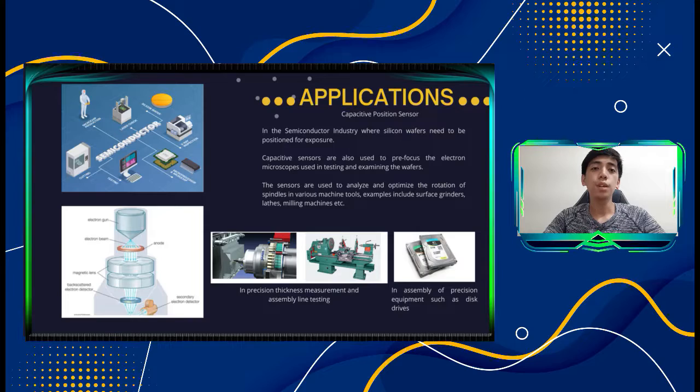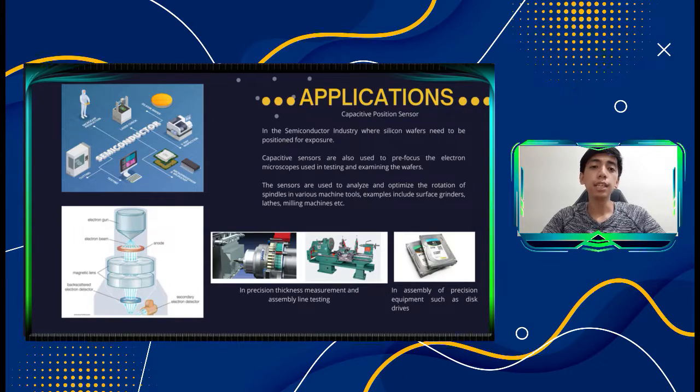Next, capacitive sensors are also used to pre-focus the electron microscopes used in testing and examining the wafers. The sensors are used to analyze and optimize the rotation of spindles in various machine tools, examples of which are surface grinders, lathes, milling machines, and others.